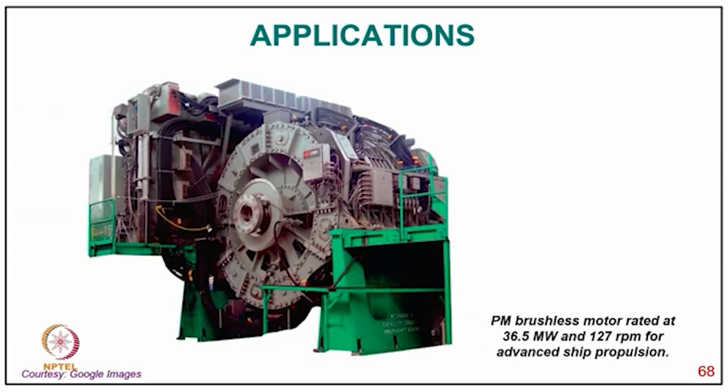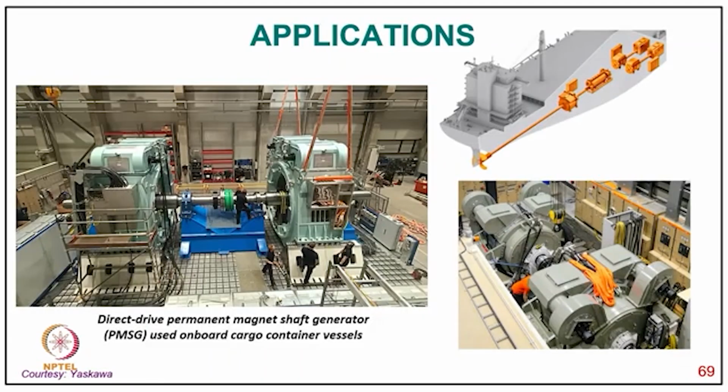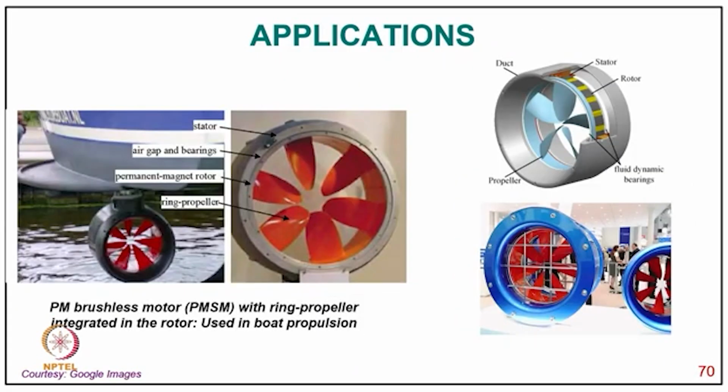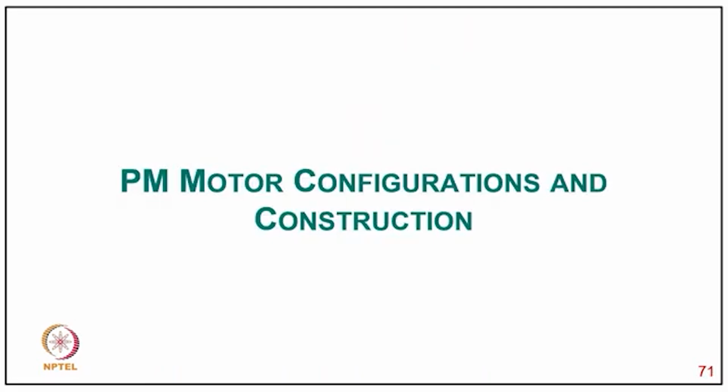Then typically the permanent magnet brushless motor rated for 36.5 megawatt and 127 rpm for advanced propulsion system. Then your direct drive permanent magnet shaft generator used for cargo container vessels. Then the permanent magnet brushless motors with ring propeller integrated in the rotor used in boat propulsion system, as you see. So now these are some of the applications.